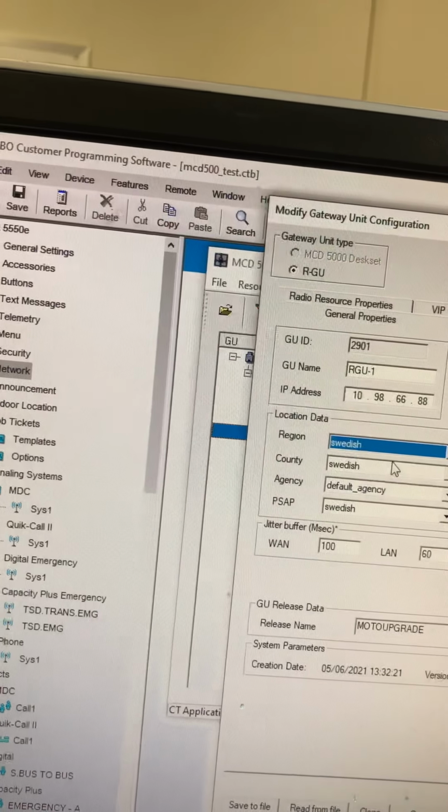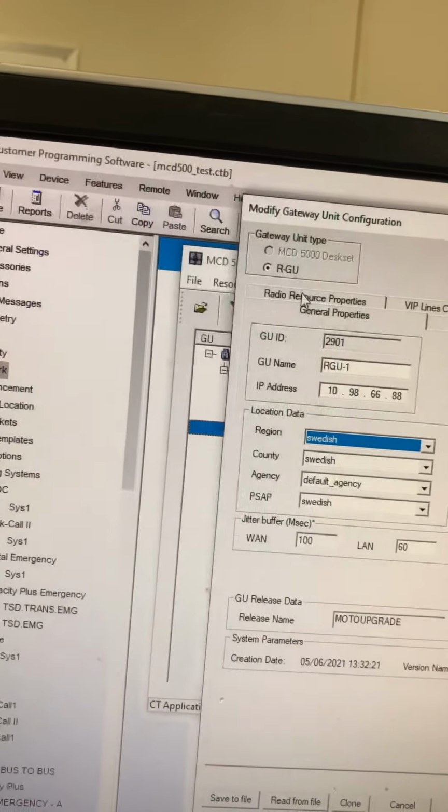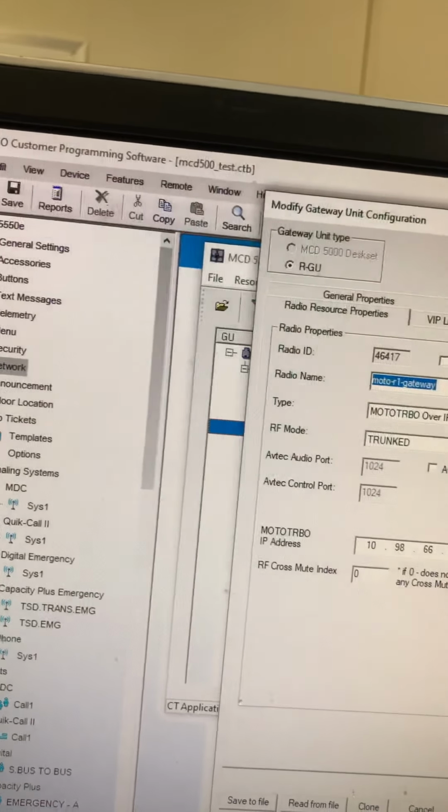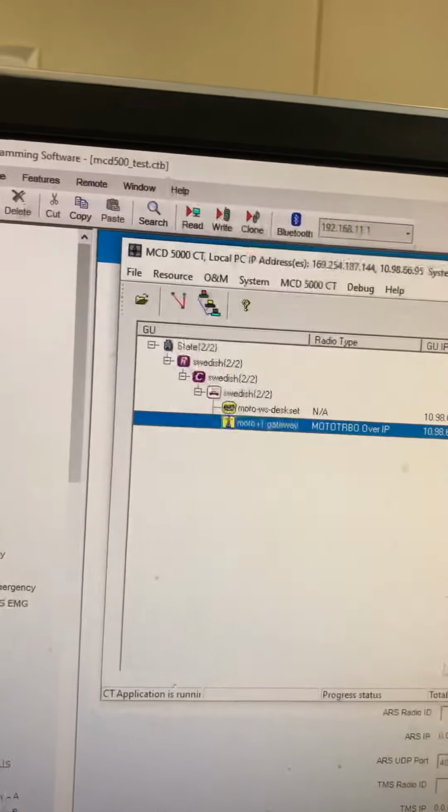So when I look at the radio resource property, I have it as 93 right now, which should be the accessory port IP, and it's just not there.